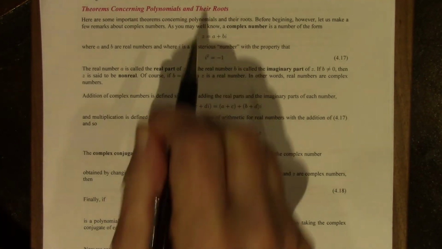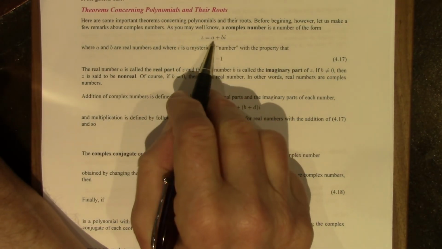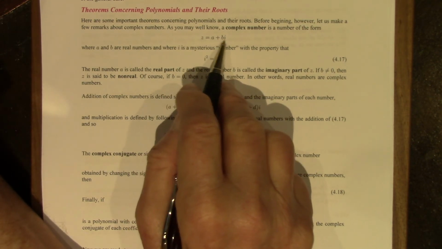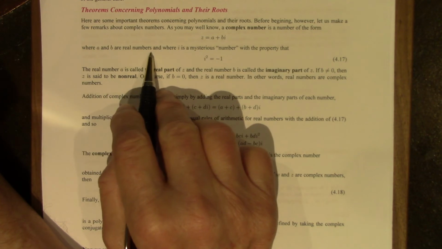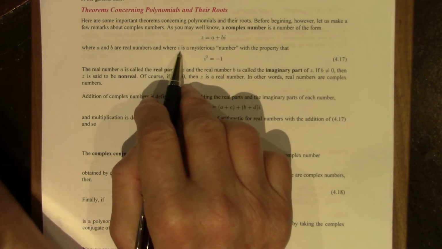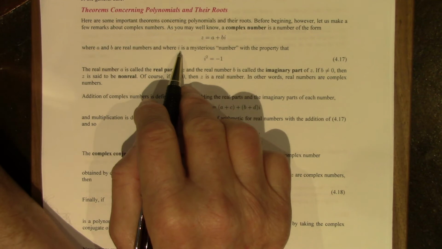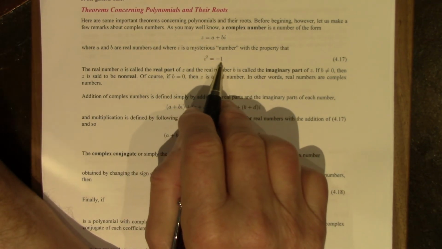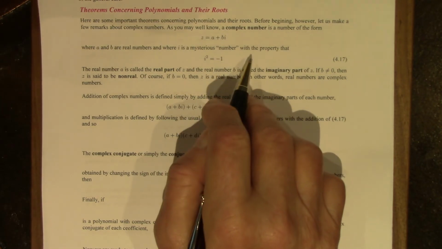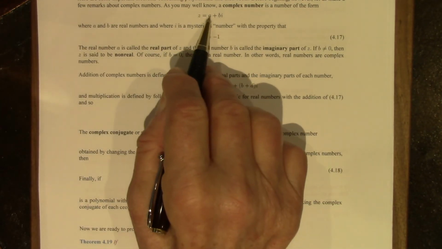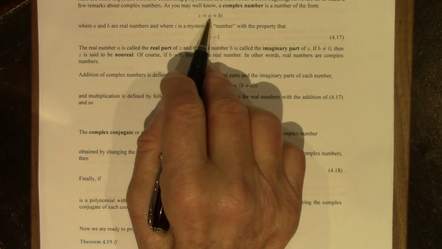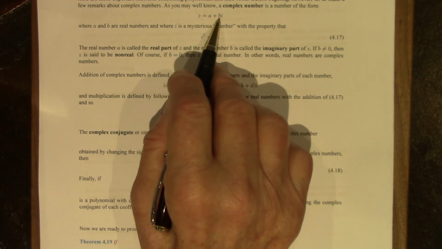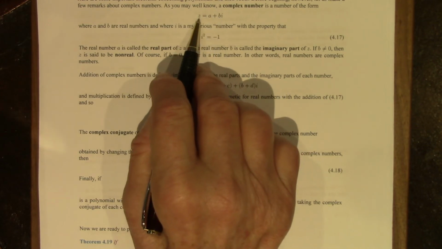As you may know, a complex number is a number of the form z equals a plus bi, where a and b are real numbers, and where i is this mysterious number with the property that i squared equals -1. The real number a is called the real part of z, and b is called the imaginary part of z.